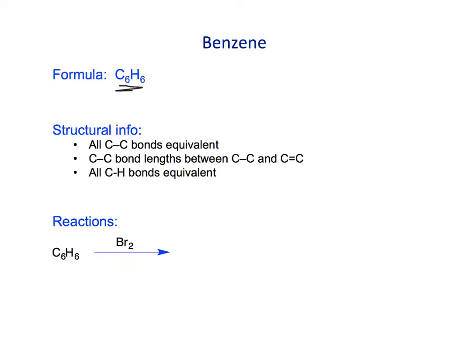So right off the bat, if we were trying to determine the structure of a molecule with a formula like that, what would it tell us? 4 degrees of unsaturation. Yeah, there's lots of unsaturation, right? In fact, like it was suggested, 4 degrees, so 4 sites of unsaturation.